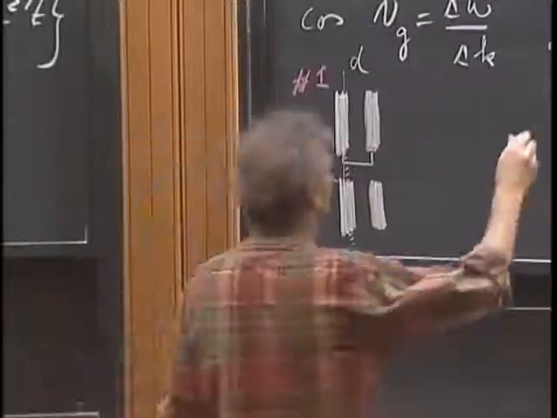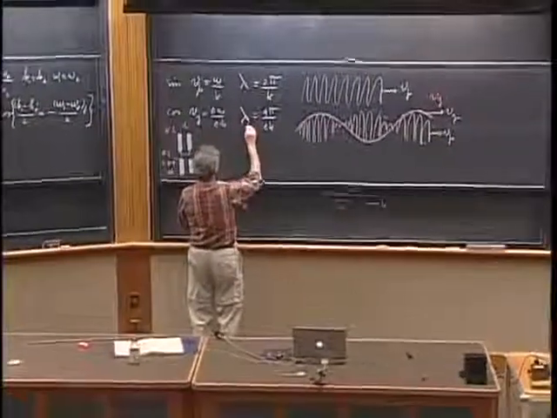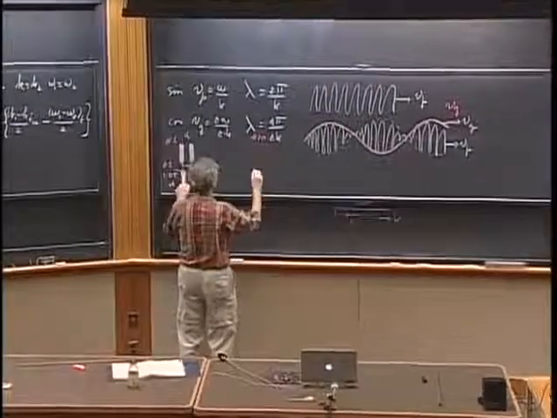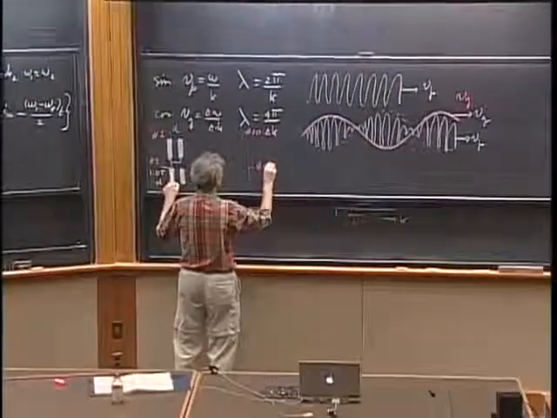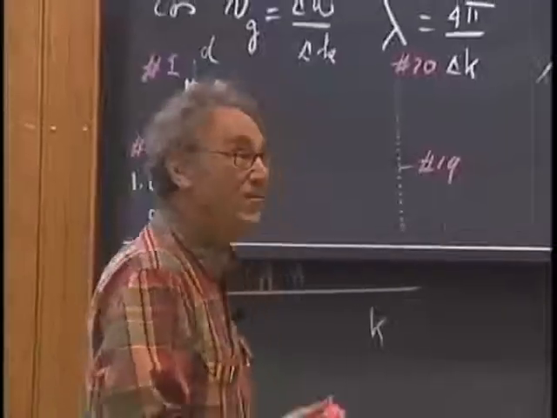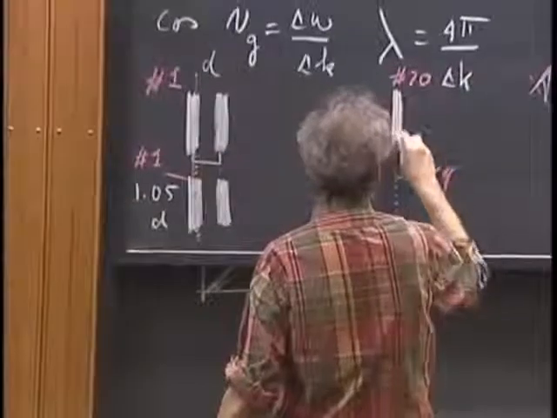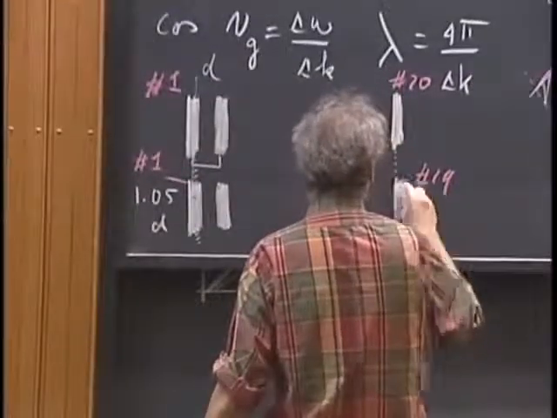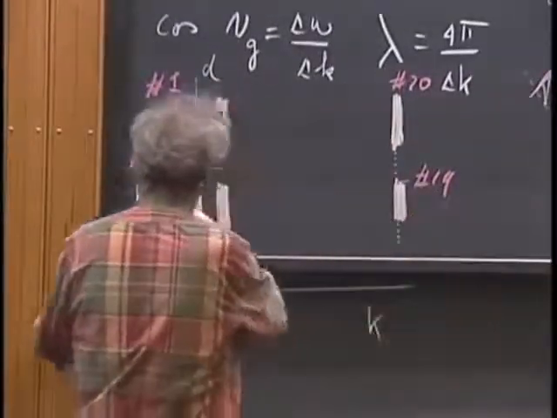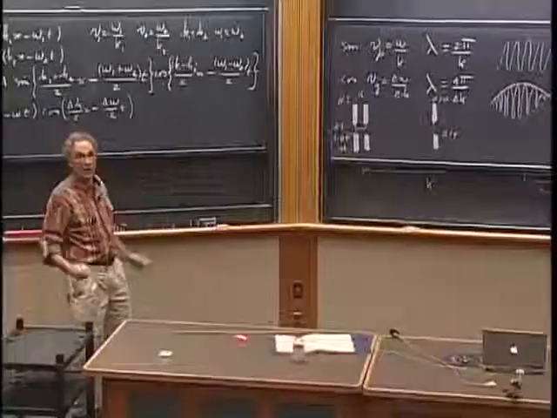So that means when I reach here on my sheet number 20, then I reach here number 19. But they are again on top of each other. They are in phase, so to speak. So my number 20 coincides with number 19 here, because this one is 5% larger spacing. The wavelength is 5% larger.